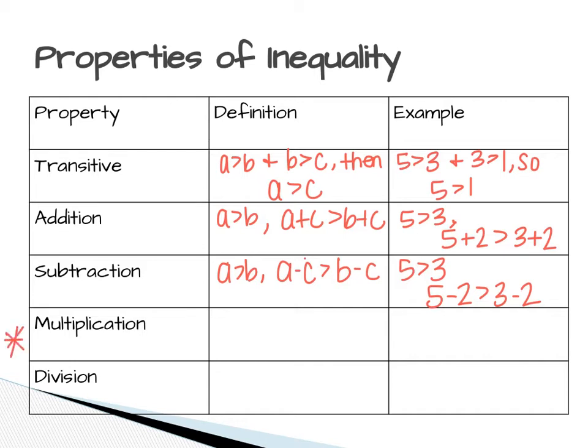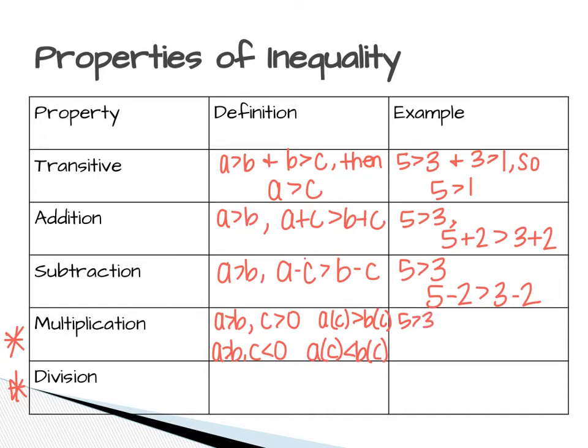Multiplication and division, I'm going to put stars beside them because they are more difficult. If you have multiplication, if A is greater than B and C is greater than 0, then A times C is still greater than B times C. However, if A is greater than B and C is less than 0, then A times C is less than B times C. So if 5 is greater than 3, and I multiply by C, which we'll call 2, and it's greater than 0, then 5 times 2 is going to be greater than 3 times 2.